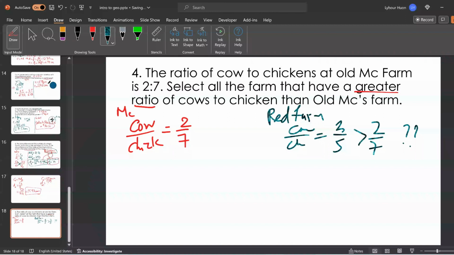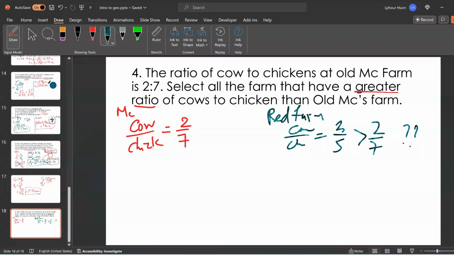So you have to have a common denominator, and then we compare the numerators, but that will take a little time. Another method to compare two fractions is to make them decimal numbers.